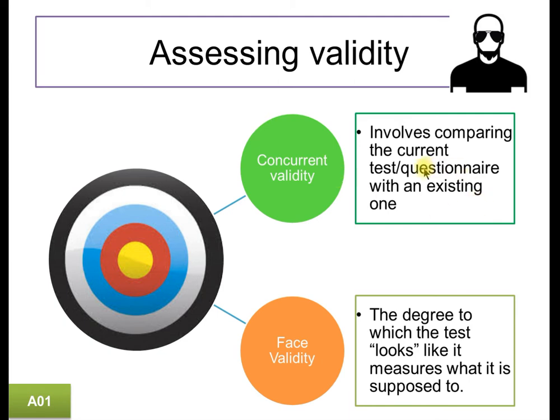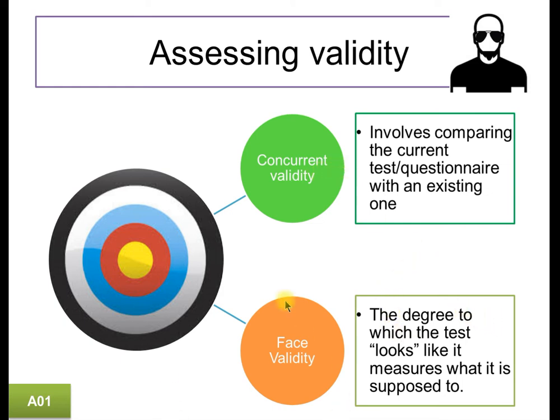But take an IQ test, there are hundreds, possibly even over 1,000 different tests purporting to measure intelligence. These can then all be measured against each other, and if they are consistent, they have concurrent validity, then we can say that they have some validity, that they are measuring what we say they're measuring.